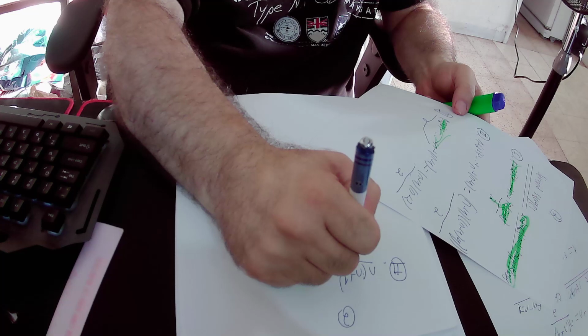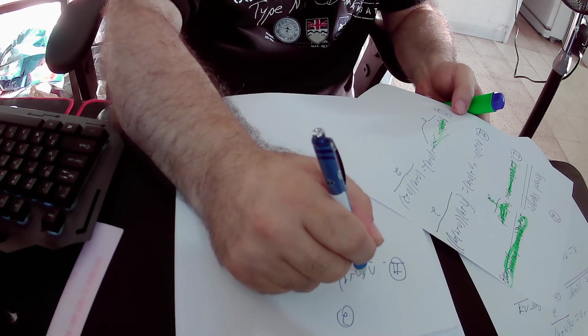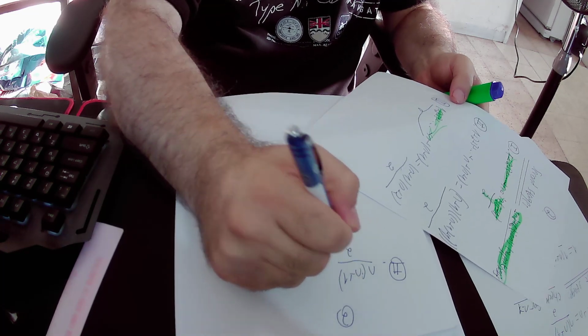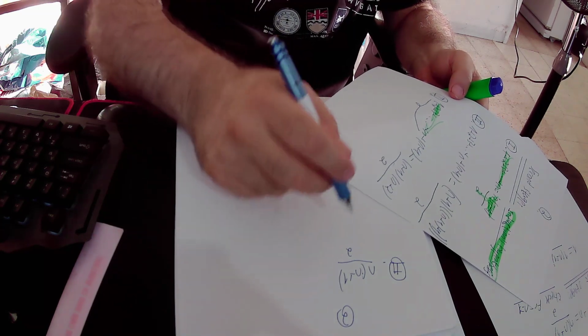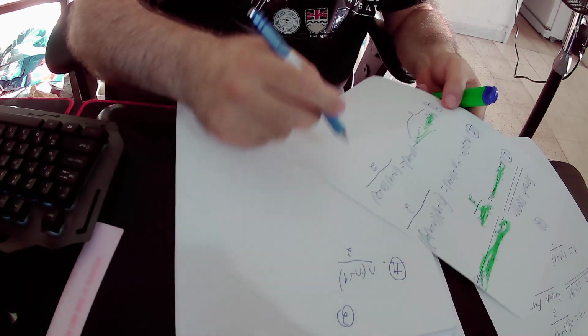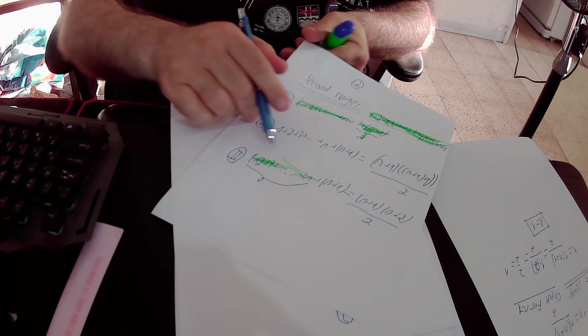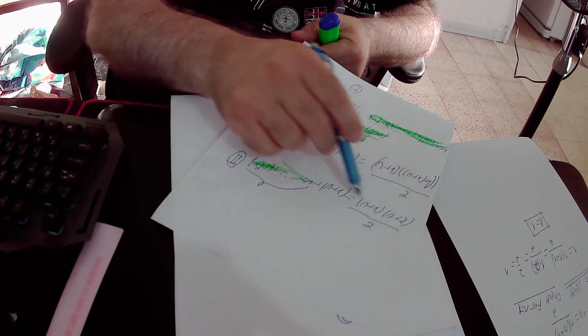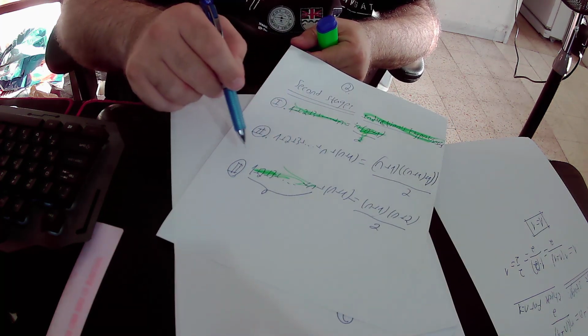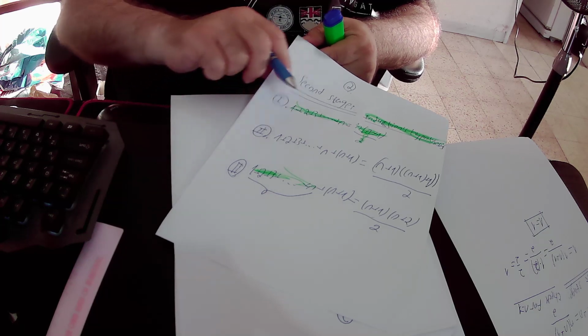Instead of 1 plus 2 plus 3 plus n, we will write n times n plus 1 divided by 2. We can write it because they are equal to each other, and the rest of the equation will be exactly the same. So we'll copy the rest of the equation 2.